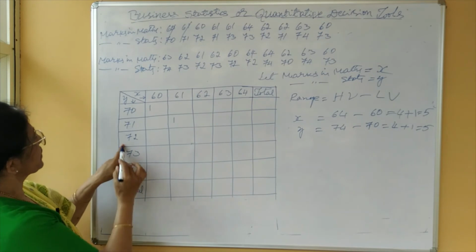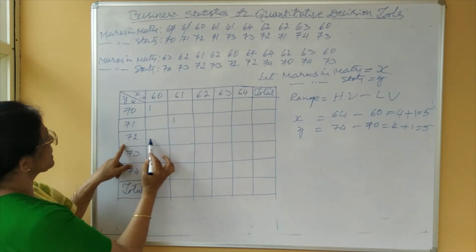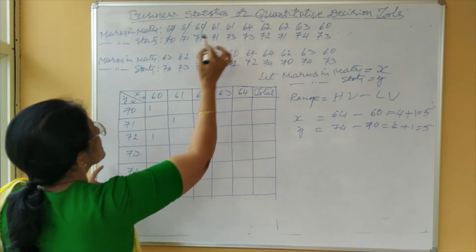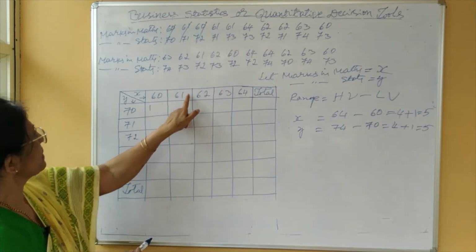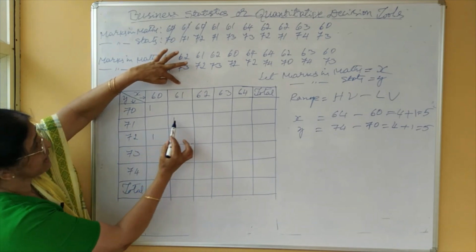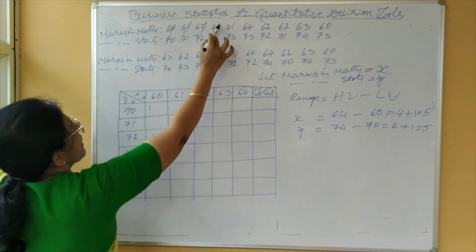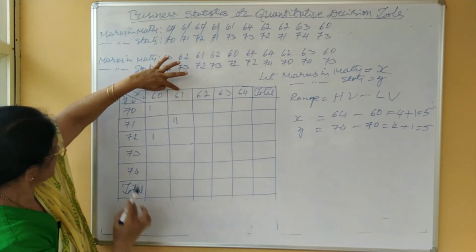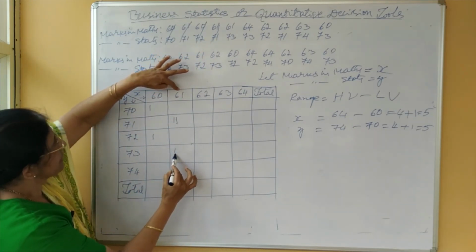Now 60 and 72. 60 x, 72 y. This is the cell. Put a tally bar. Then 61 and 71. Put a tally bar. Then 61, 73.